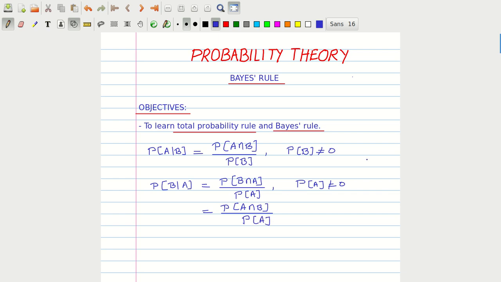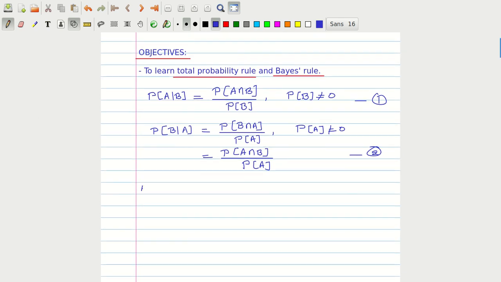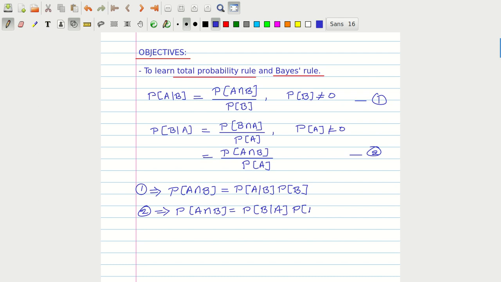So we have these two relations. One implies that the joint probability of A and B is given by probability of A given B into probability of B, whereas 2 implies that the joint probability of A and B is given by probability of B given A into probability of A.